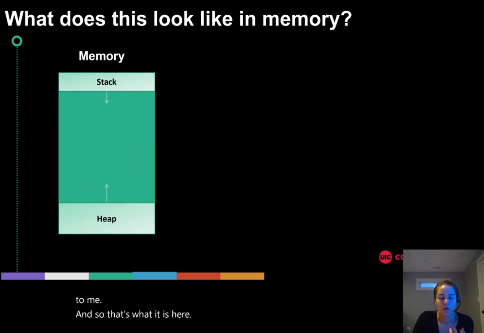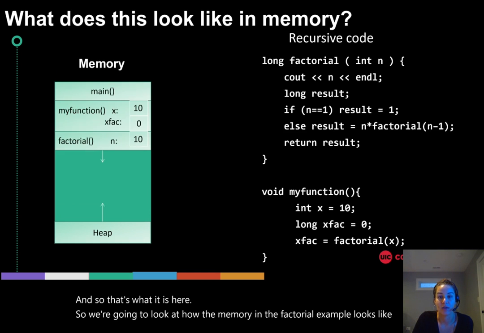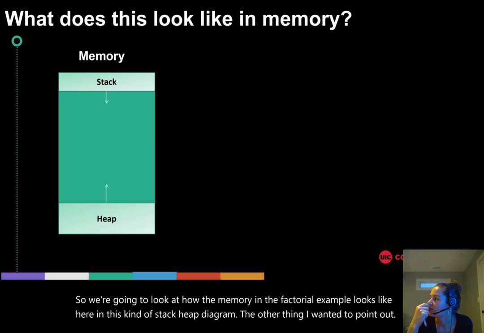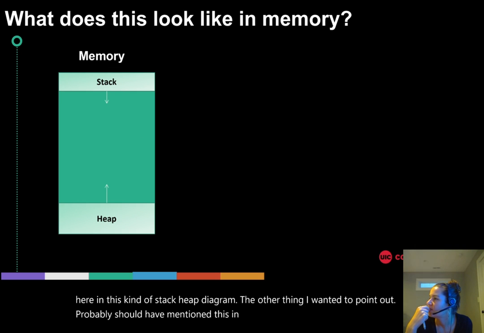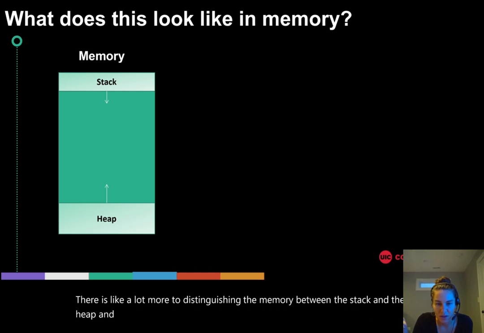We're going to look at how the memory in the factorial example looks in this kind of stack-heap diagram. The other thing I wanted to point out, probably should have mentioned this in a different video, is that there is a lot more to distinguishing the memory between the stack and the heap, and it's not even called the heap in some cases.